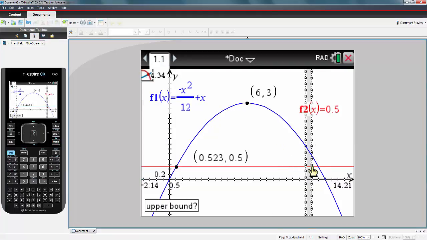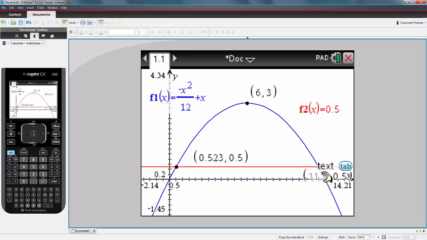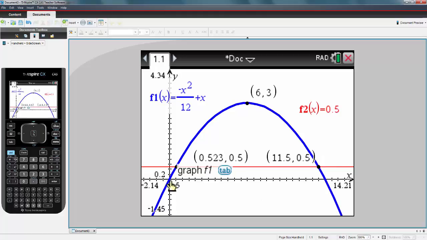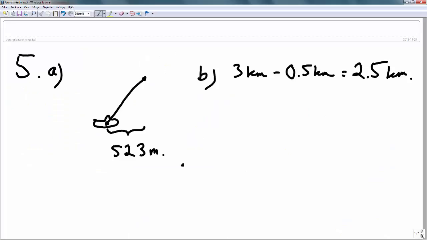Go a little bit to the left, a little bit to the right, and then we see the x coordinates here, which is 11.5. So that means the distance from the submarine going horizontally until we're just below this point of intersection. That's 11.5 kilometers away.